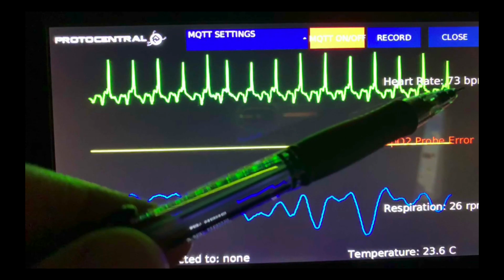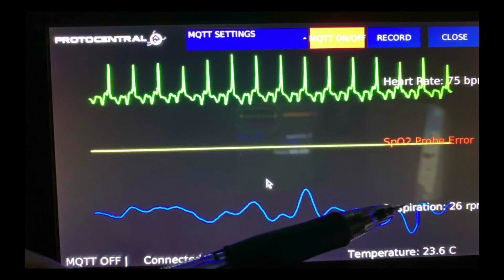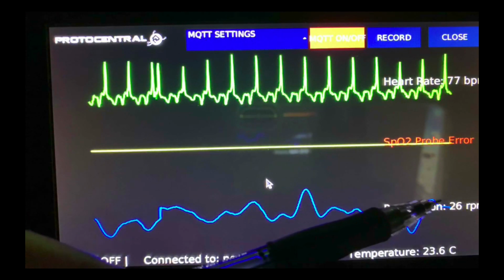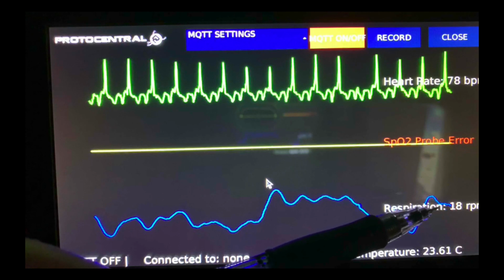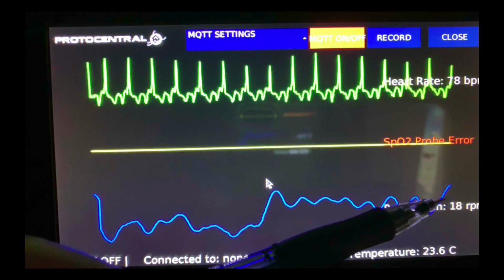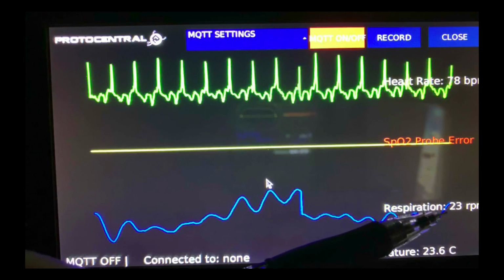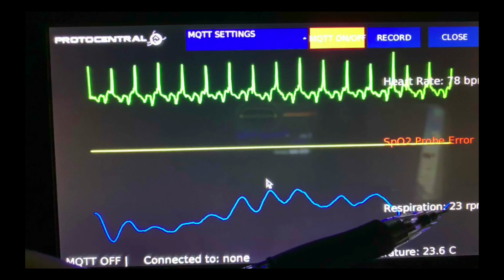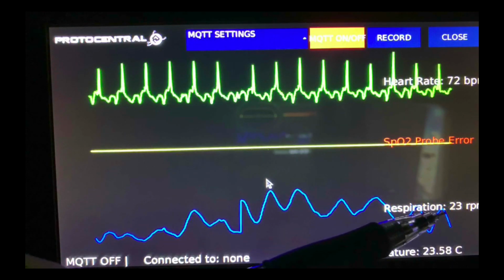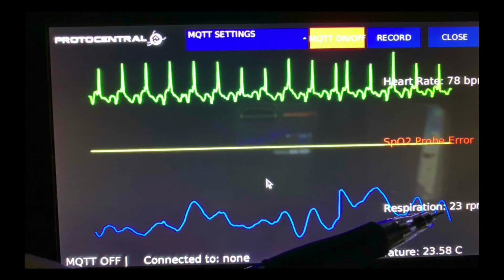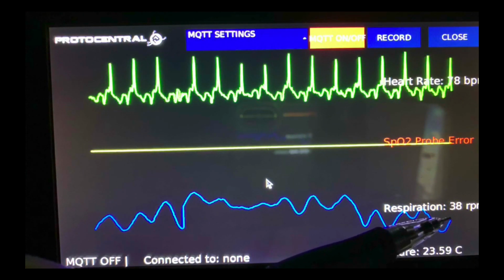So here's my heart rate, 73 beats per minute from the EKG. My respiration rate from the pneumograph, 26 respirations per minute. Now I'm going to start breathing faster, hyperventilate. 23. 38.